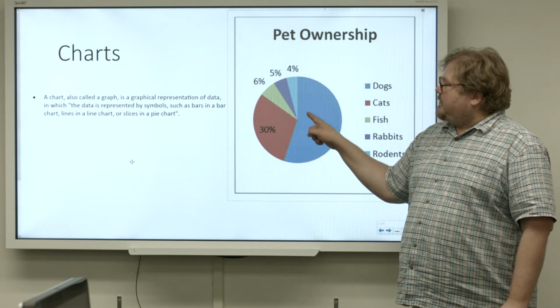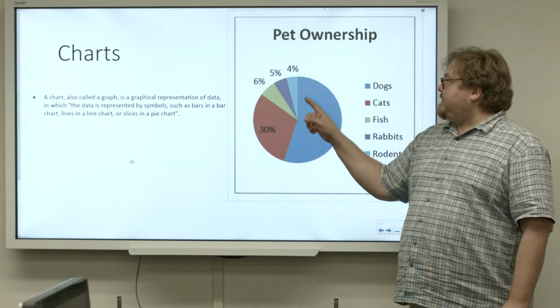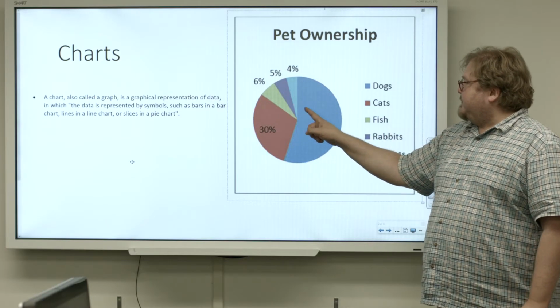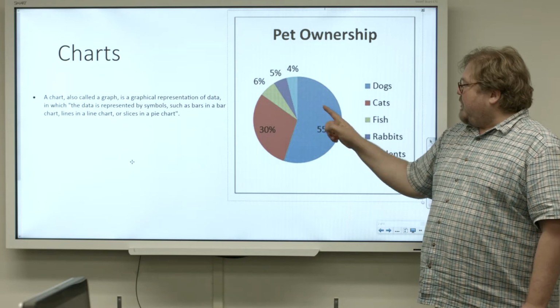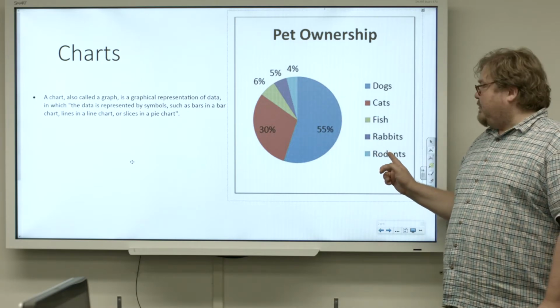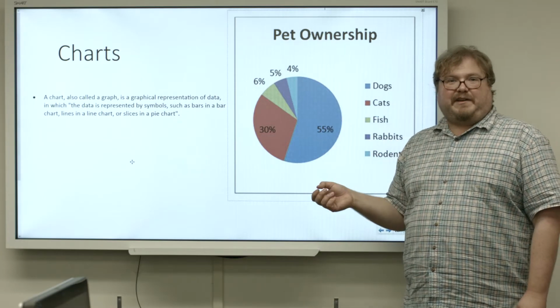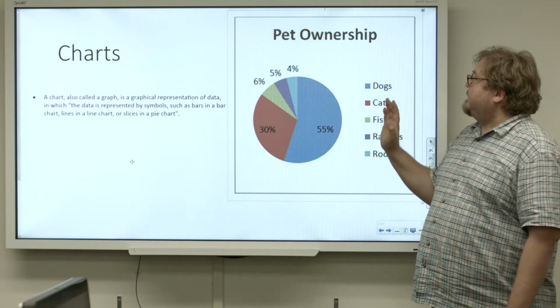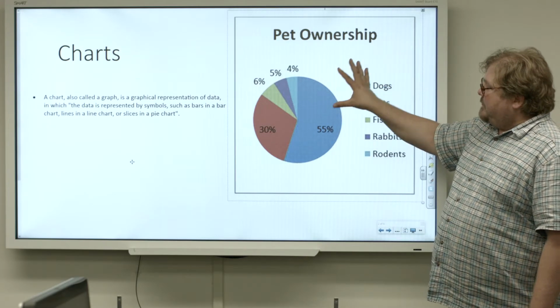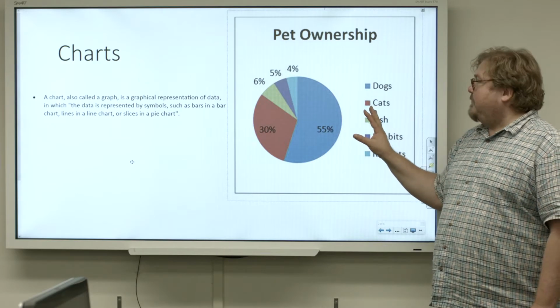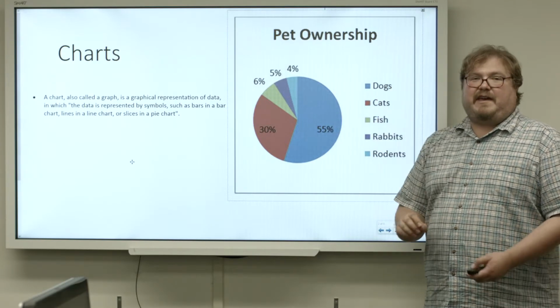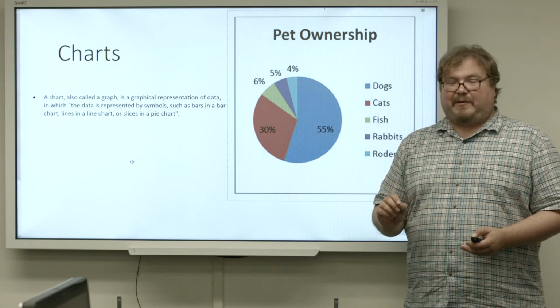Fish is this small green one here with 6%. We've got 5% in this purple, those are rabbits. And then this smaller light blue one is rodents, rats and mice, gerbils, hamsters, those kinds of things. So we can get these percentages from our chart and we'll have to write something about it.